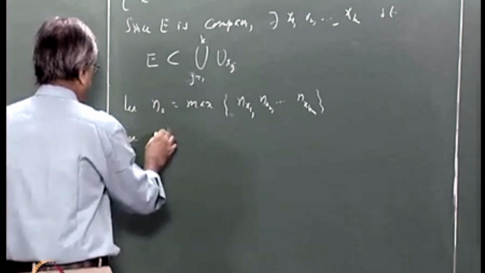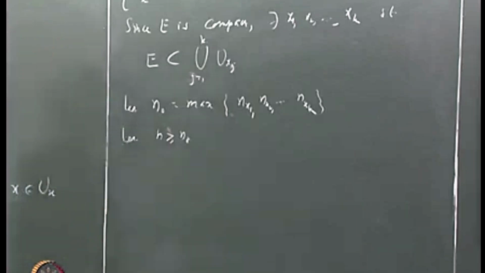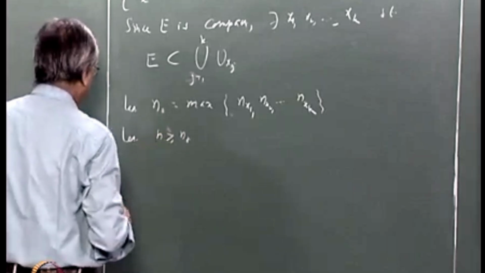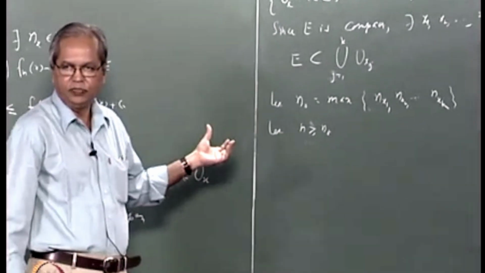Let n be bigger than or equal to n0. Then what we want to show is that for any n bigger than or equal to n0, |f_n(t) - f(t)| is less than epsilon.